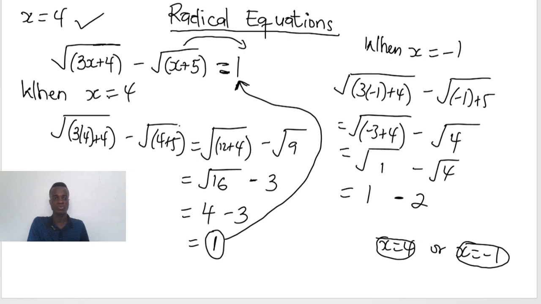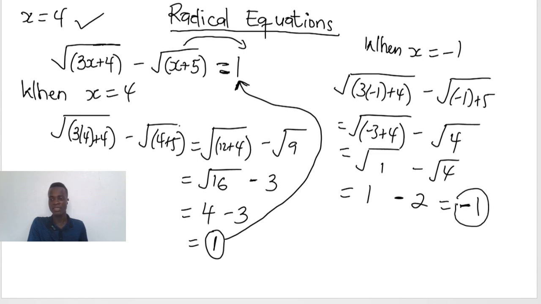So we have 1 minus 2, which gave us negative 1. So at the end of the day, when we put negative 1 inside, the answer we got is negative 1, and that is not the expected result of 1. So the negative 1 didn't give us the 1.